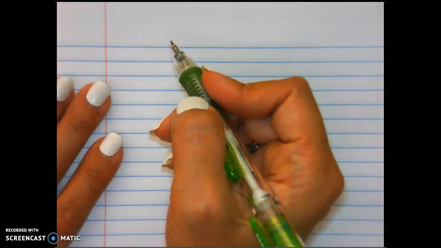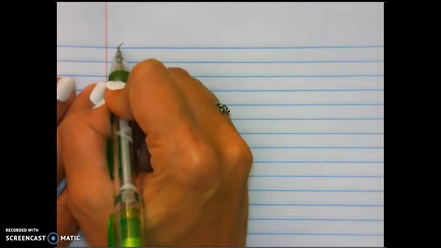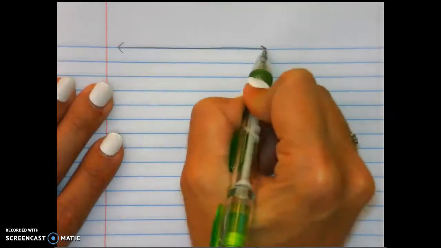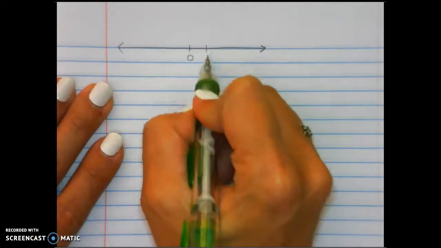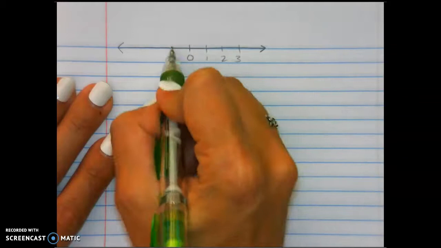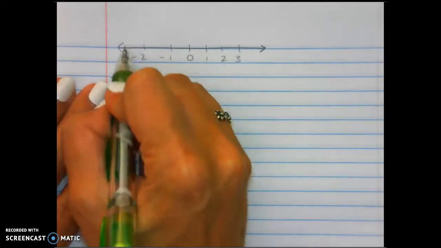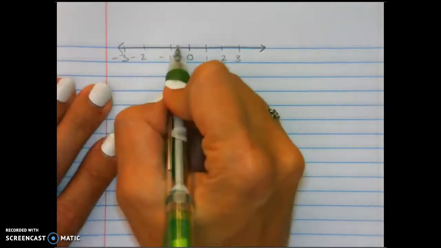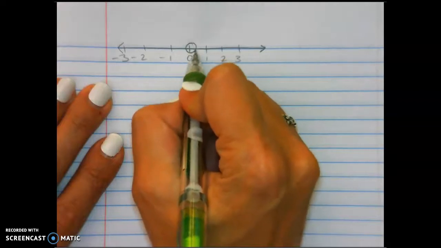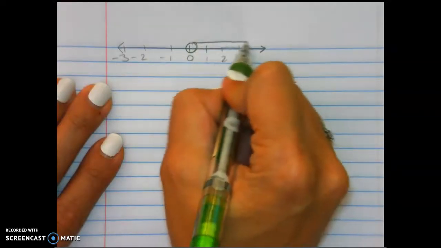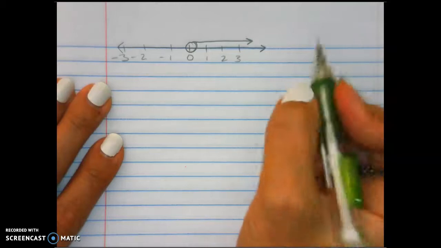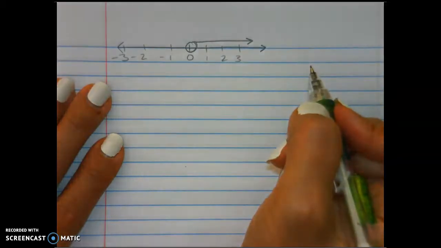You can think about money. Money is a really big one. So if I gave you this graph right here, 0, 1, 2, 3, -1, -2, -3, and I put an open circle, I'm not going to close it in, and I'm going to draw an arrow this way. We need to be able to think about what that looks like as an inequality.